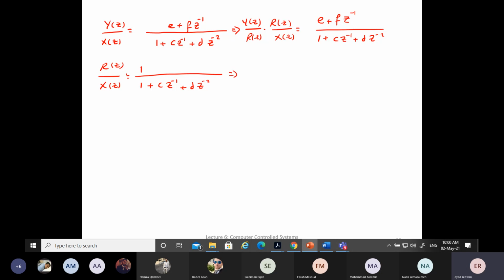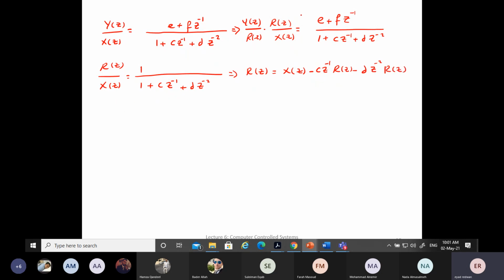And therefore, I can cross multiply and rearrange the equation, I can write R(z) equals X(z) minus c z to the power minus 1 R(z) minus d z to the power minus 2 R(z).